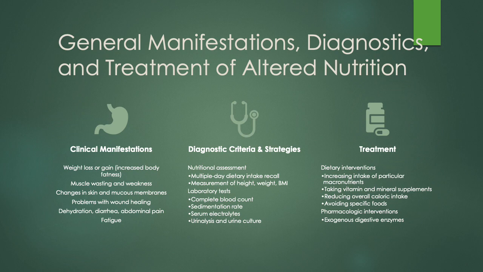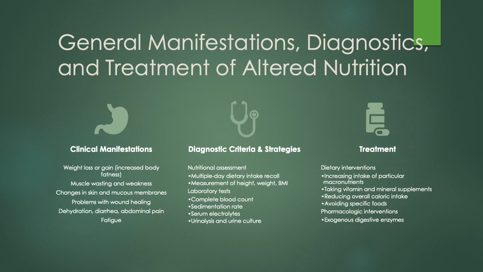Even calcium is heavily influenced by that. You want to get a urine analysis and urine culture to see if those electrolytes are being excreted, or you can evaluate urine analysis for ketones or glucose levels just to make sure that a patient is not going into some type of diabetic issue or even DKA, diabetic ketoacidosis. So you have different diagnostic criteria and strategies to assess nutritional status.